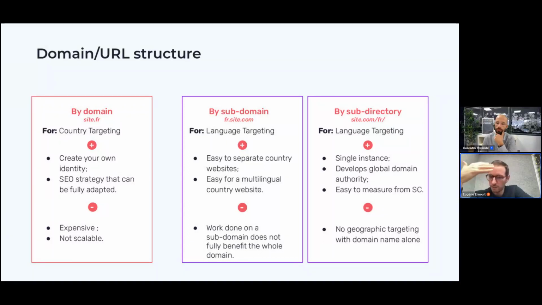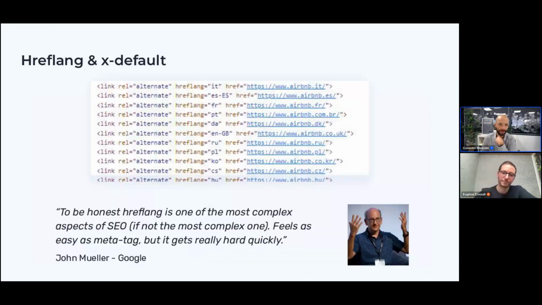Of course, it will take more time to grow a subdomain or a specific domain in each country, but it's not very different in the end. Yes, and you talked about hreflang.